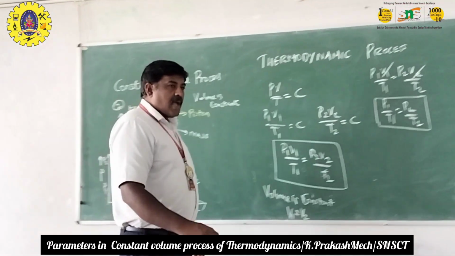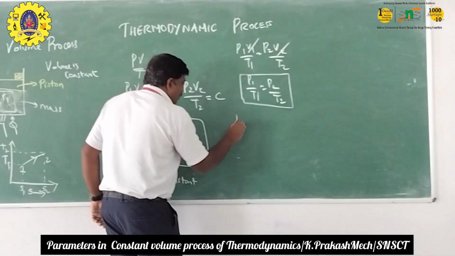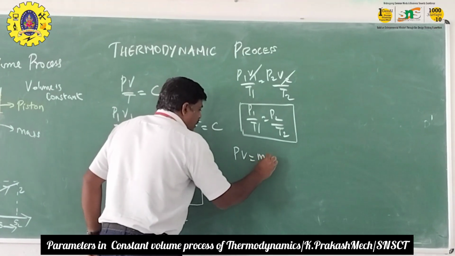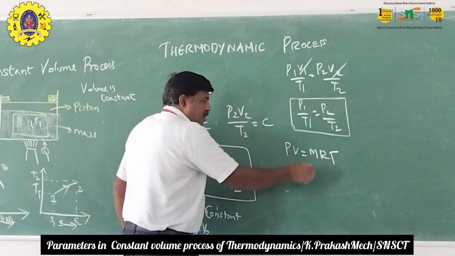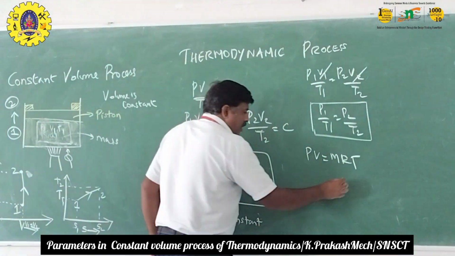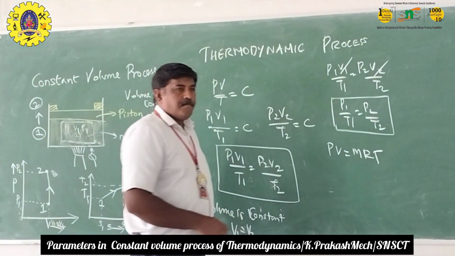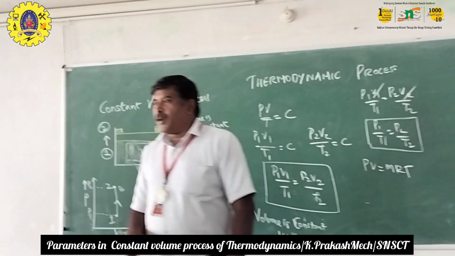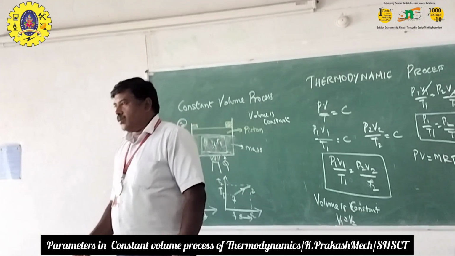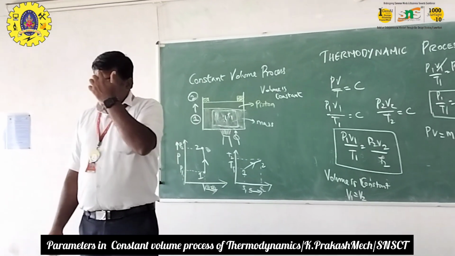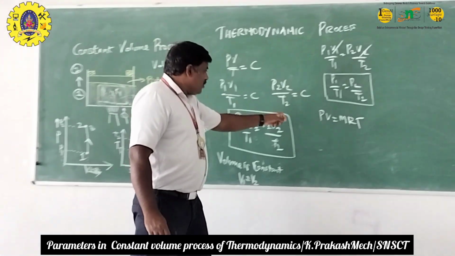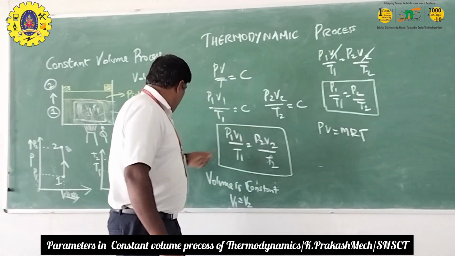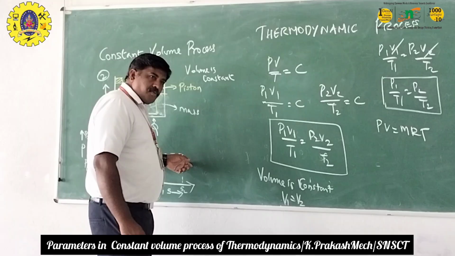In the same way we have the real gas equation, PV is equal to MRT. P is pressure, V is volume, M is mass, R is the gas constant, and T is temperature. The value of R is 0.287. It is a constant value; all others can vary. This equation can also be used for state 1 and for state 2.